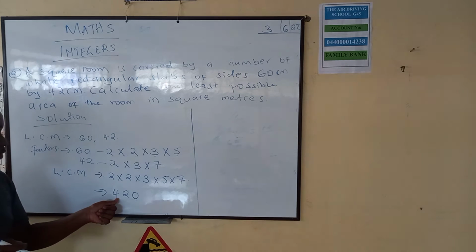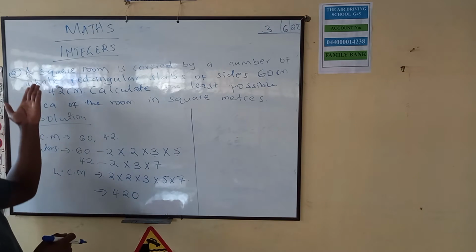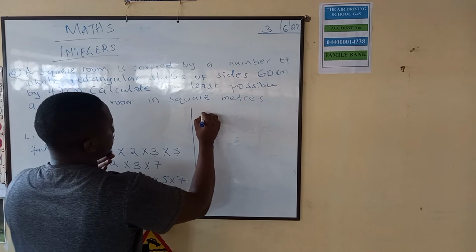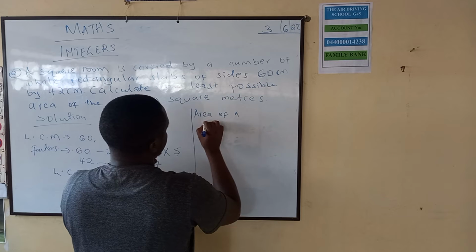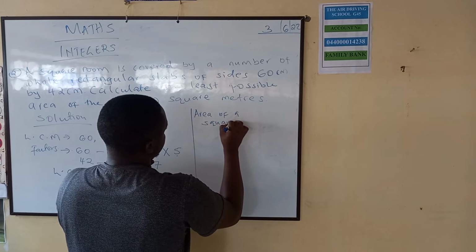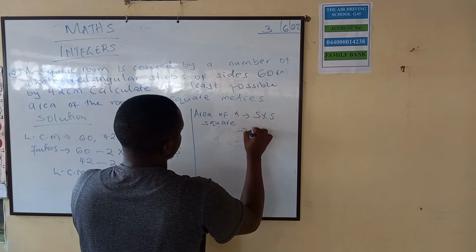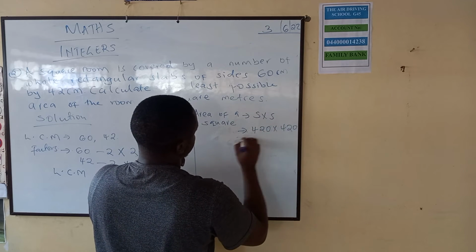Now, this 420 is just one side of the square. What do you know about the area of a square? The area of a square is side times side. So that will be 420 times 420.